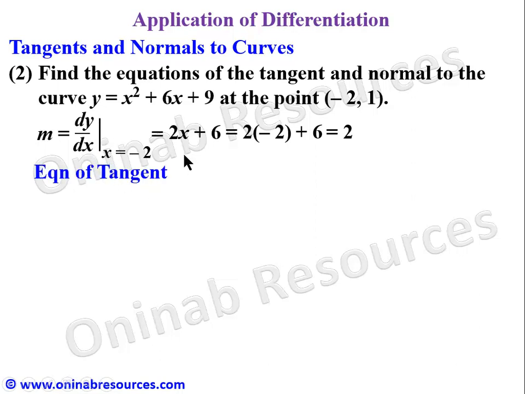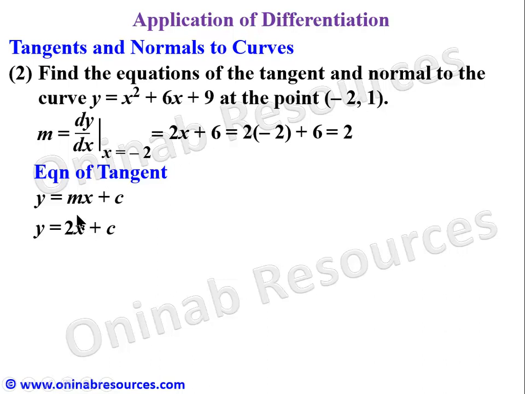Now, we are going to use the other relation, that's y equal to mx plus c. And we know our m is 2. So y equal to 2x plus c. Since we don't know the value of c at this point, we can go ahead to find c by substituting the values of x and y at that point.